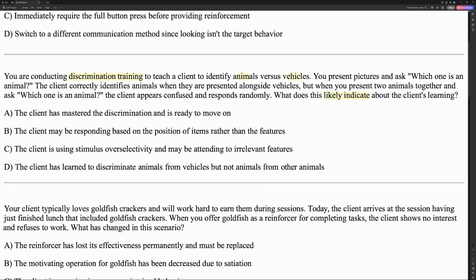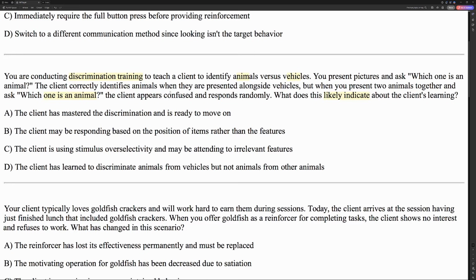And it seems like you've done that successfully because when you say which one is an animal by a vehicle, they are able to identify the animal. So that's good. However, when you present two animals together and you ask which one is an animal, they appear confused. And so clearly this skill has not been taught enough or is not strong enough to move past an animal and a vehicle, which really look nothing alike. So what does this indicate about the client?